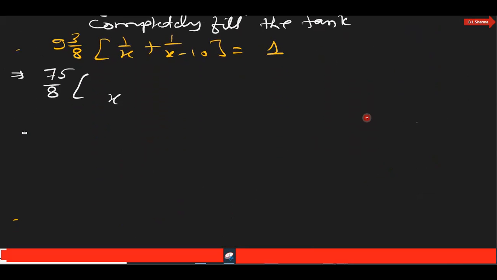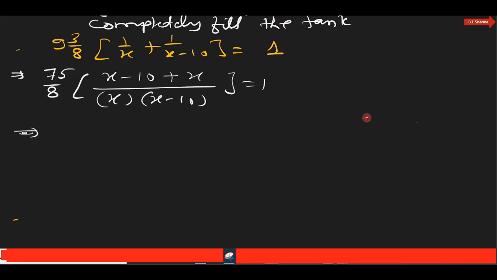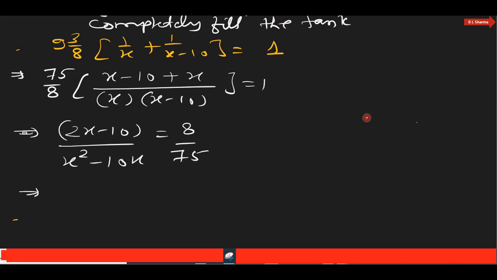x minus 10 LCM, that is x minus 10 plus x, that is 1. So 2x minus 10, that is x square minus 10x, that is 8/75.